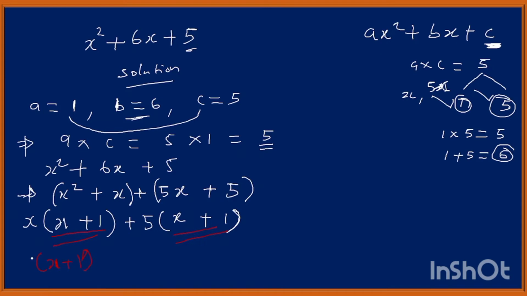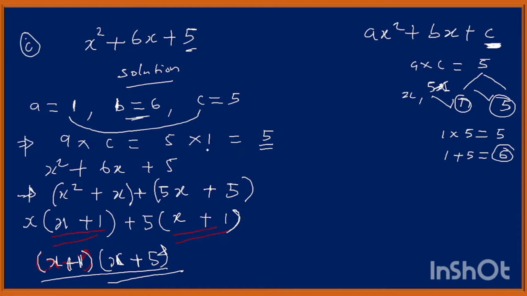And then you take this x we have here, and this 5 we have here, x plus 5. This is the answer. So if I factorize x squared plus 6x plus 5, I have x plus 1 bracket and x plus 5 bracket.